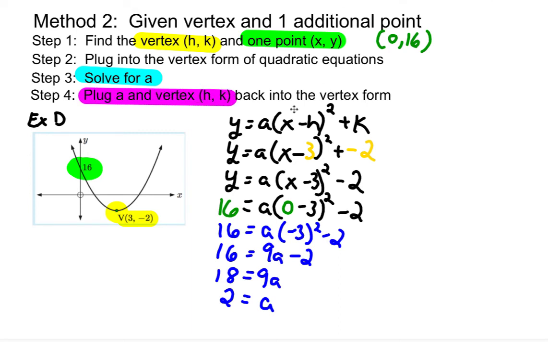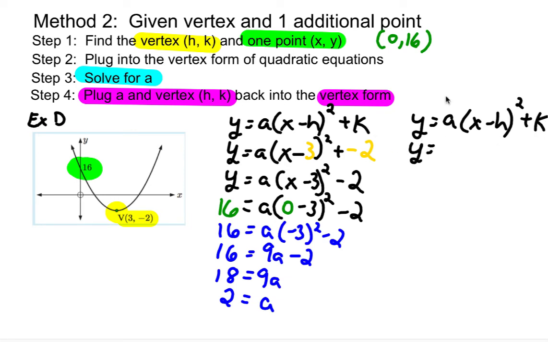So now I'm going to plug in my vertex and a back into my vertex form of the equation. So I'm going to look at my vertex form of the equation, replacing the a with 2, replacing the h with the h of my vertex, which was 3, and then replacing k with the k of my vertex, which was -2, or the y value of my vertex.